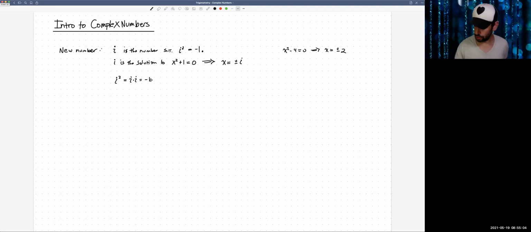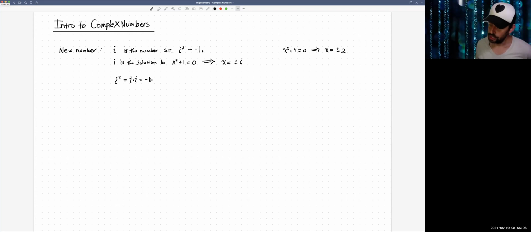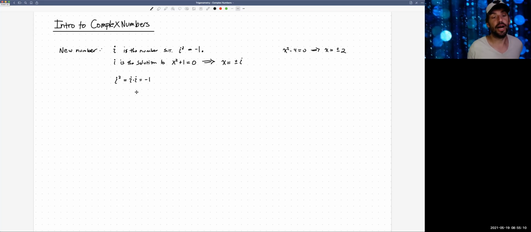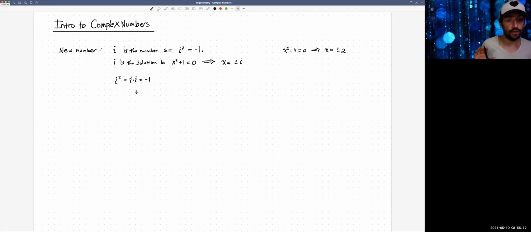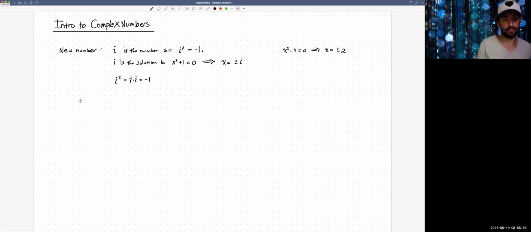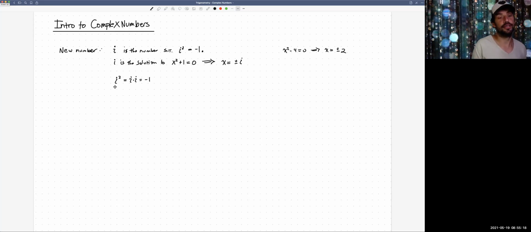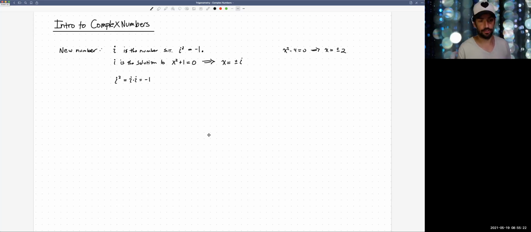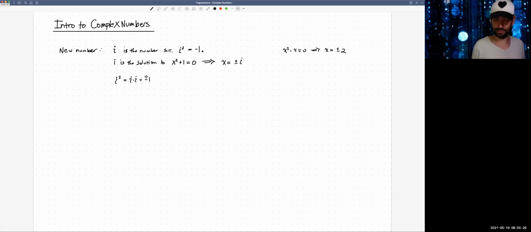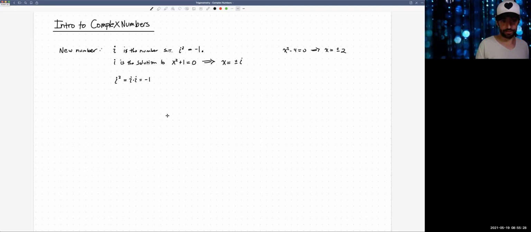Okay, so what do we need to know about this number i? Well, we'll get to some geometric interpretations later. For now, let's start with some algebraic properties, okay? So in most ways, other than this one that we've described here, it behaves like other numbers.